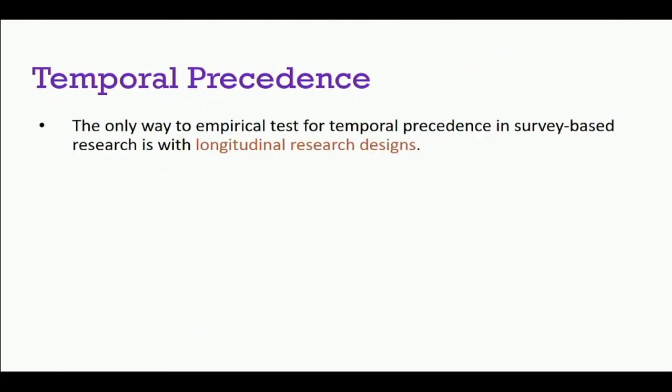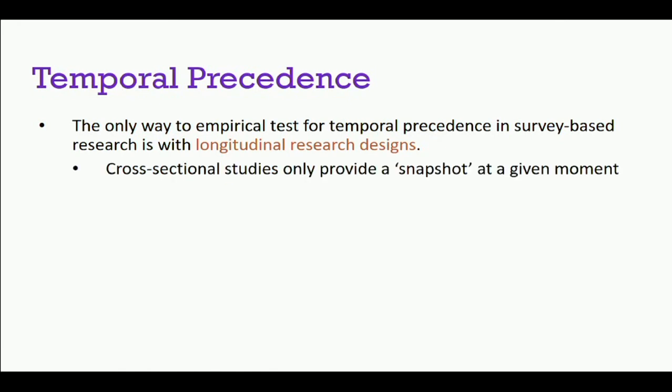So the only way to test for temporal precedence in survey-based research is with what we call a longitudinal research design. A cross-sectional study would gather a group of people across a group of age groups, that only provides a snapshot of a given moment. So if I measured, for example, attitudes towards sexism today, it would be very different to if I'd done it 20 years ago.